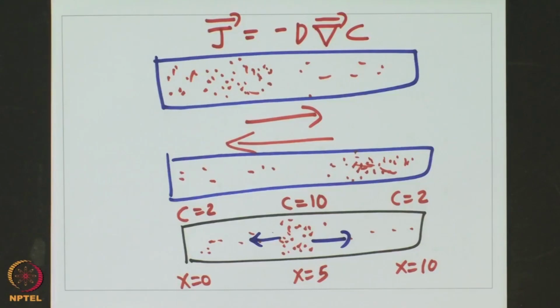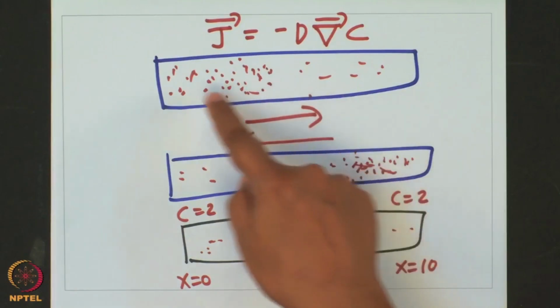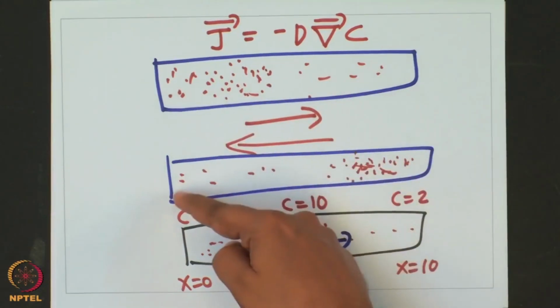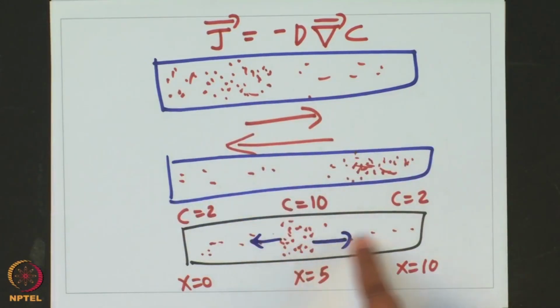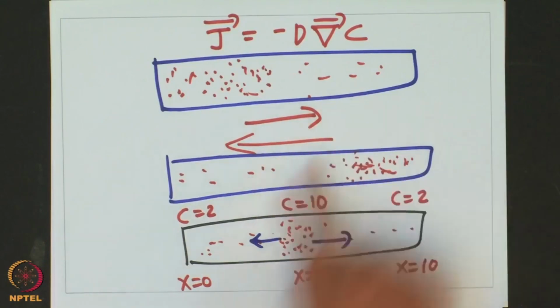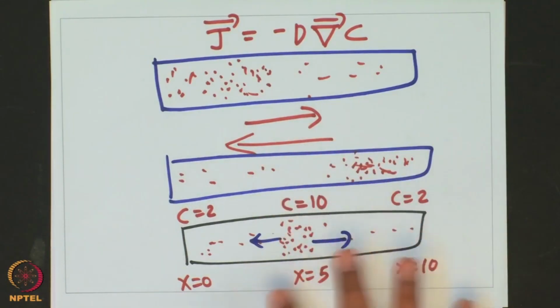This one equation should be able to describe all these three conditions, where here the flow is this way, here the flow is this way, and here the flow of proteins would be to either side, since the concentration is high in the middle and small on the left and right. So, let us take this situation first. Once we understand this, all other situations will be trivial.